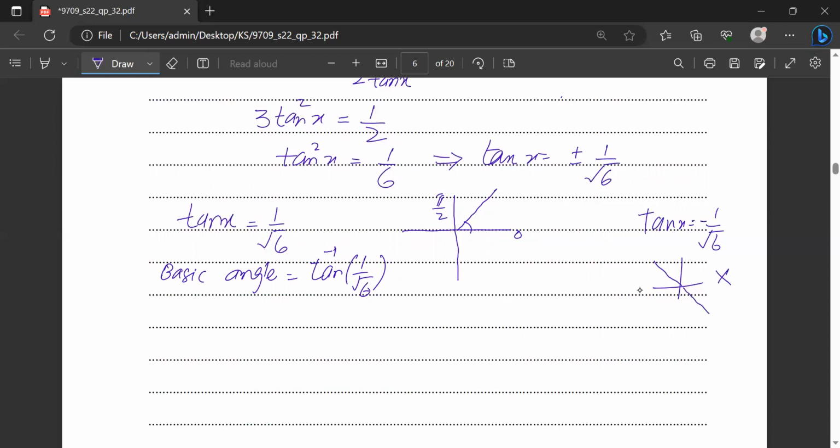On radian mode, the basic angle comes as 0.387675, and so on.